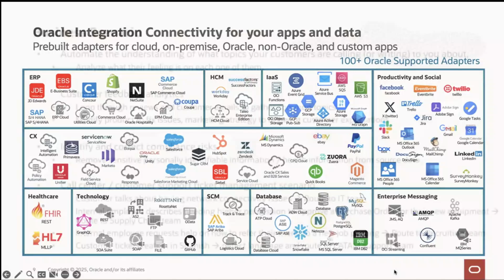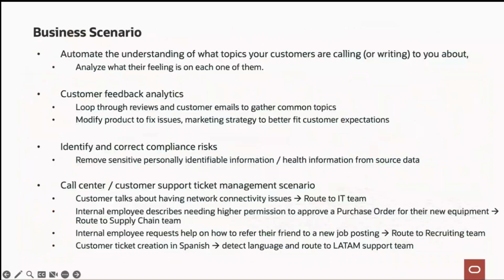So let's get into the business scenario now. There's definitely many ways in which you can leverage these AI services and find value in them, but the one that I chose is something like a call center, or getting customer feedback and making changes to my business in order to better fit their expectations and to fix issues with my product.